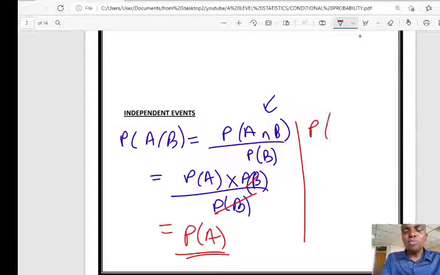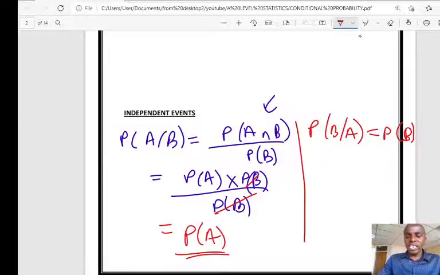Also, the probability of B given A will be equal to the probability of B. These are called independent events.